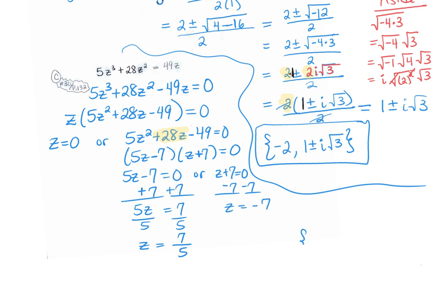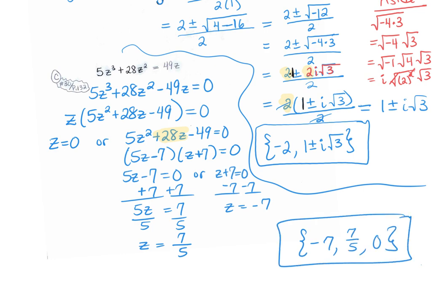So what's our solution set? Oh yeah, 0 too. As you saw, it's easy to forget this first one. So you may want to block it or something, so they all stand out. We got three solutions, which makes sense because our highest exponent was 3, so we should have 3 zeros, 3 solutions.